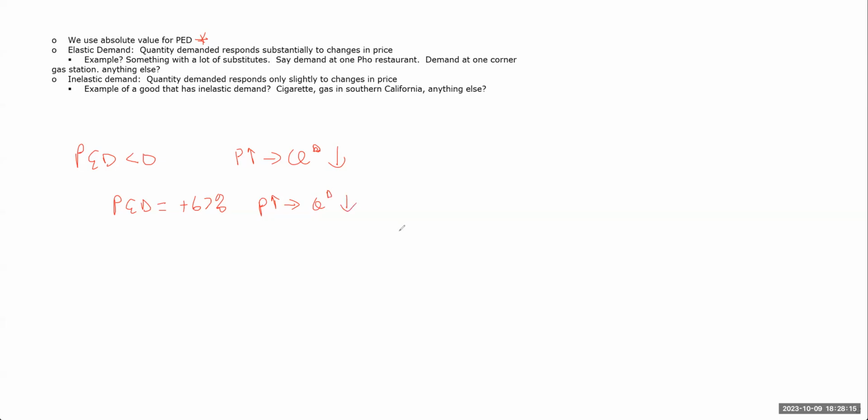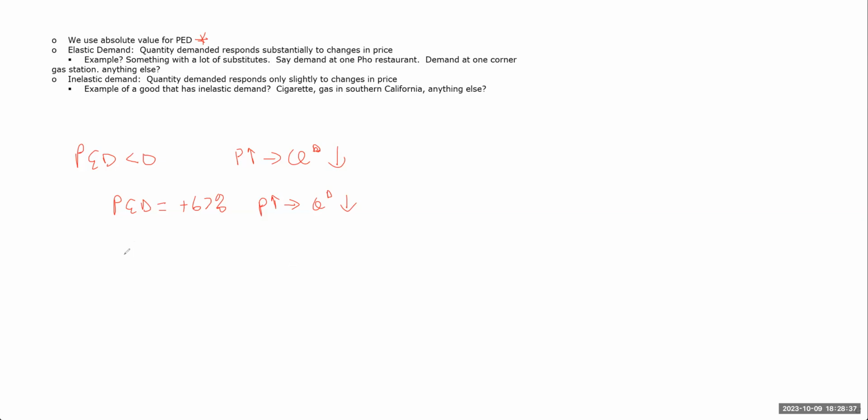If I give you a short answer question and tell you to calculate this, I don't care about you dropping or not dropping the negative sign. But remember that for the multiple choice and true and false sections. Now, with price going up and quantity going down, we use the positive number.